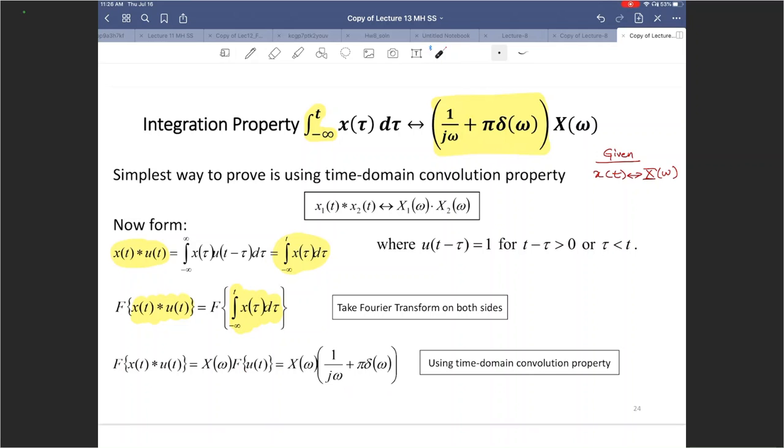That just comes out to be 1 divided by j omega plus pi delta omega. So that proves the integration property. When you integrate, you not only divide the signal by j omega, but you also add a delta omega term.